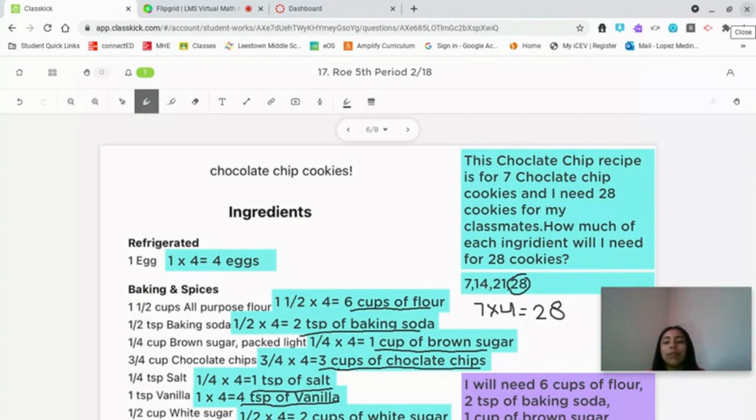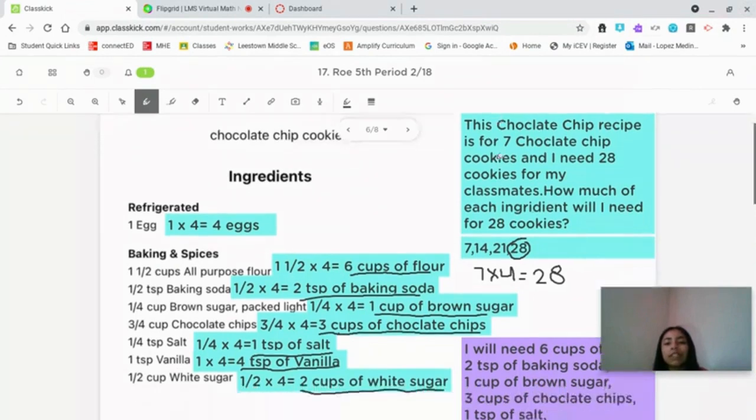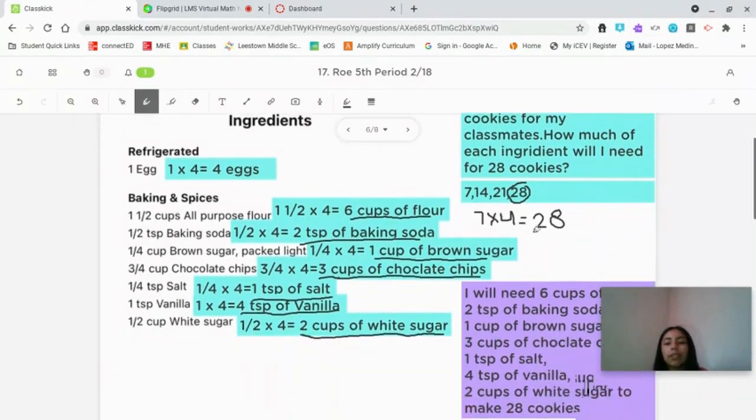And so since my question is, how much of each ingredient will I need for 28 cookies? I knew 7 times 4 is 28, which I would need to multiply these ingredients times 4 so I can have the ingredients to make 28 cookies.